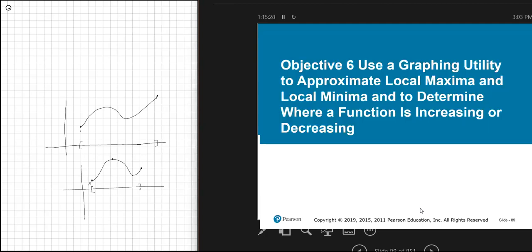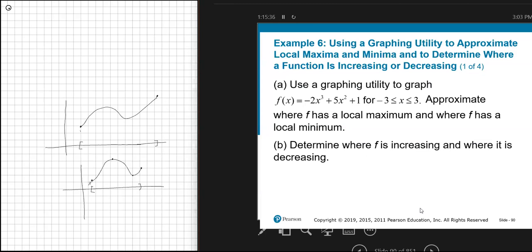And we use it in calculus, and we use it in other sciences as well. All right, so using the graphing utility to approximate the local max and min, you just type it into the calculator, and you set your window values.